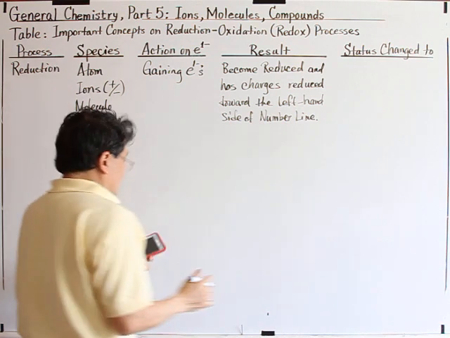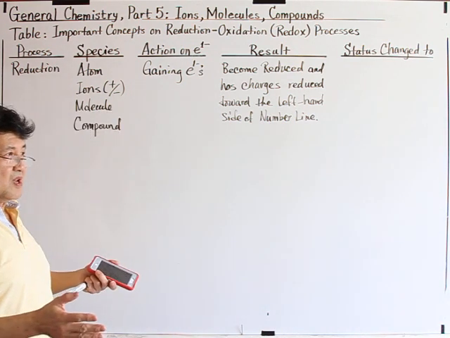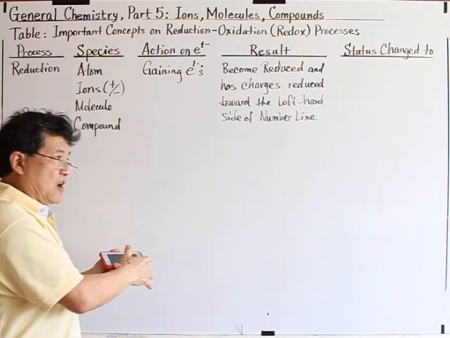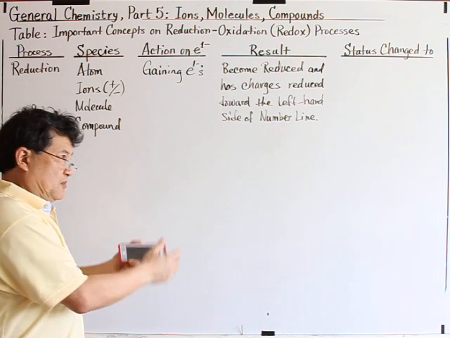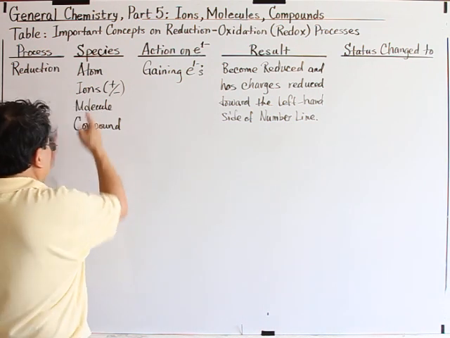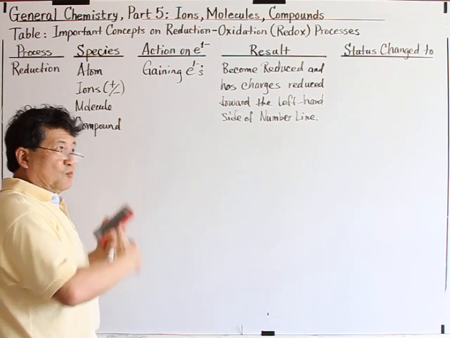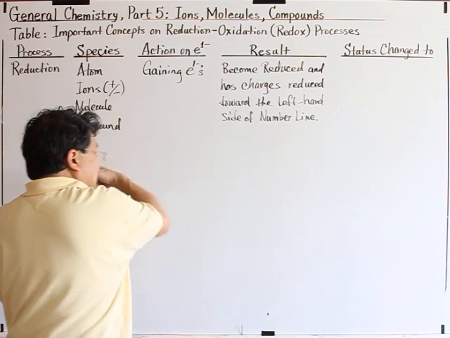Right, now this means what? It's not necessarily from 0 to negative value, or from positive 2 to 0. It could be from positive 2, which started as a cation, and become positive 1. Still cation, but the value on the number line moves towards left, right?